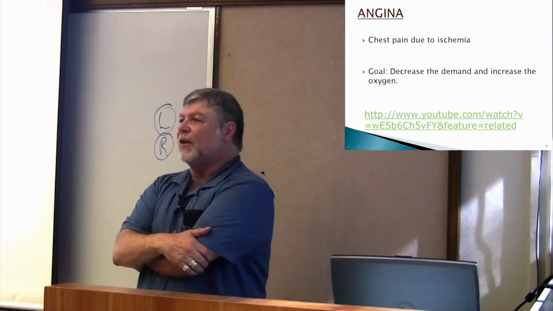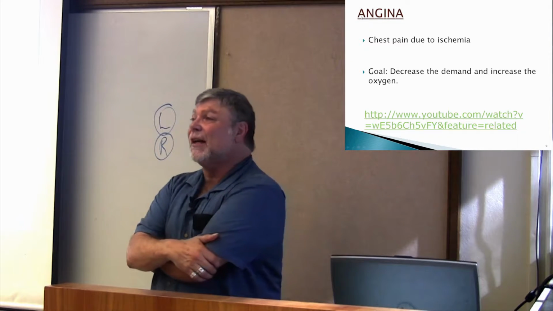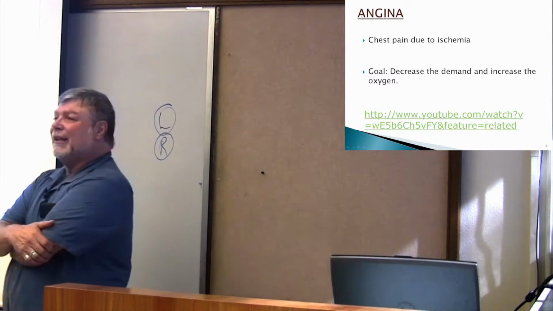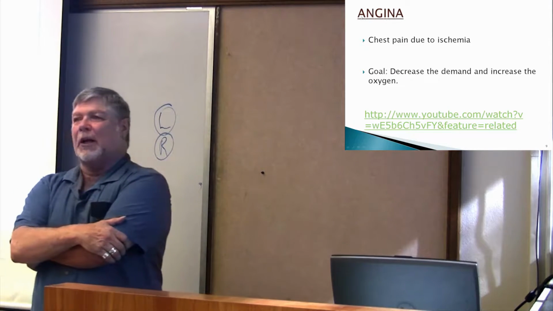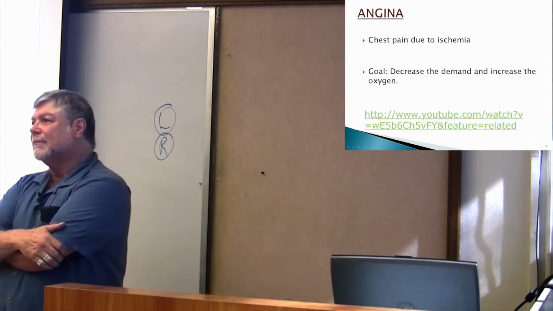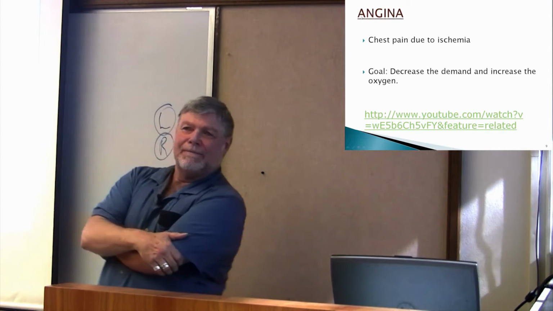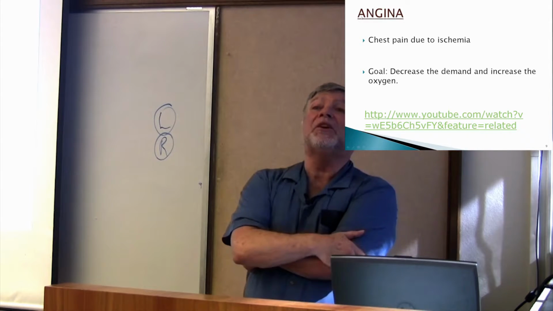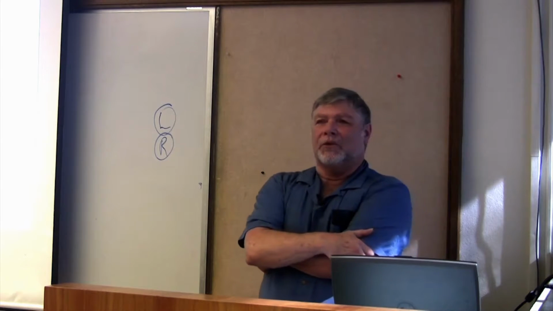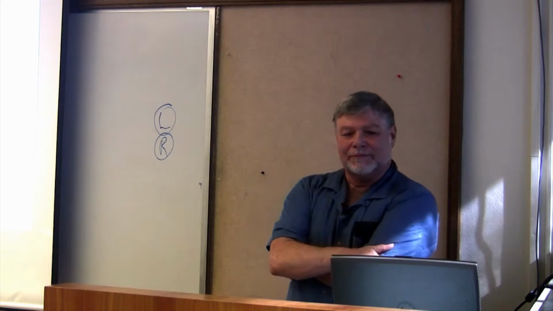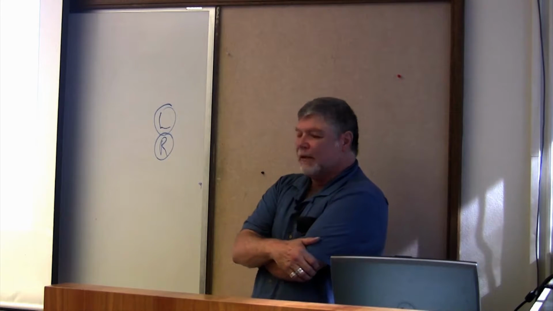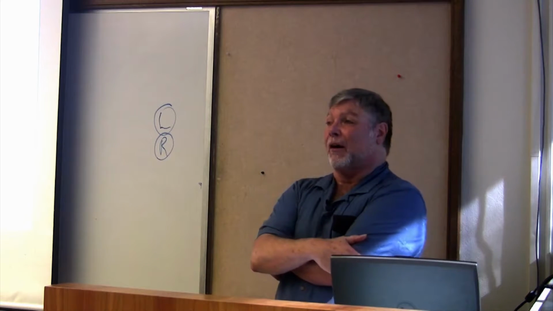Now, there may be other interventions we need to do later. But the goal is to decrease the demand. And what's the other thing, if they happen to be in your ED, that you're going to do to help them out? Oxygen, because the heart is, did you have a question? Well, you want to decrease the demand and you want to increase the oxygen. So what drugs are effective at improving the coronary circulation to the heart?